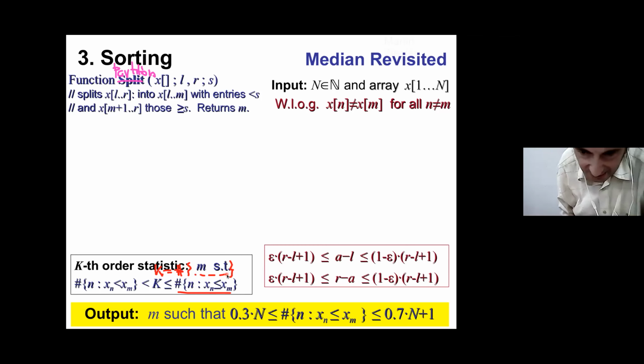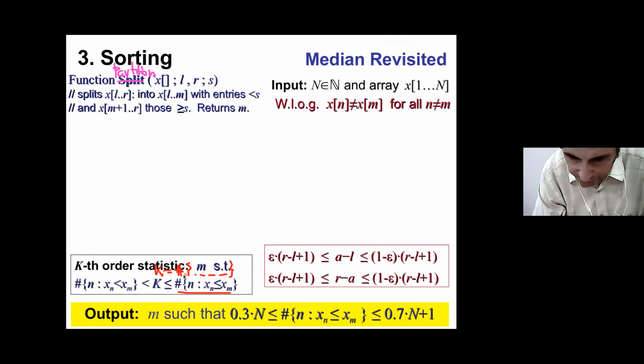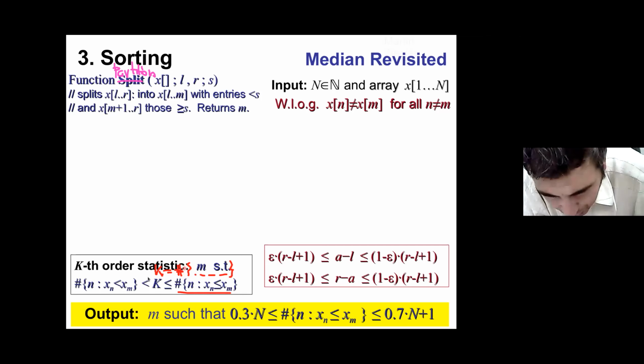The statistics, and I do not want now to switch to the slides of the last section because it takes me too much time to get out of the window and into the other one. But to remind you what we said about k order statistics in section 2, we said there is a quadratic algorithm which is very naive. This will be too slow for us, so we cannot use that. And we said if the array is ordered, then there is an O of 1 algorithm because I can simply output k itself.